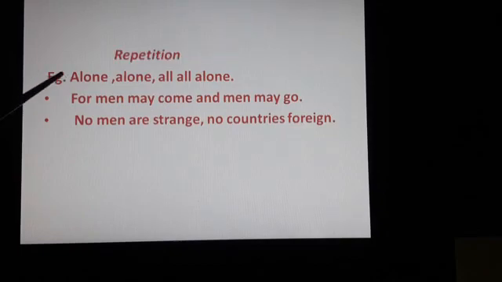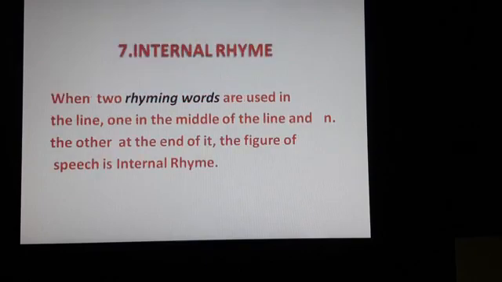Alone, alone, all alone. See how many times all alone, alone is repeated. For men may come and men may go. Men is repeated. May also is repeated. No men are strange. No country is foreign. The word no is repeated, and therefore in this kind of figure of speech we call it repetition.